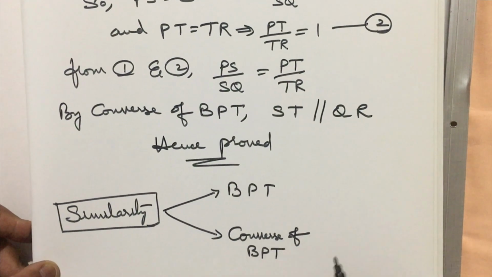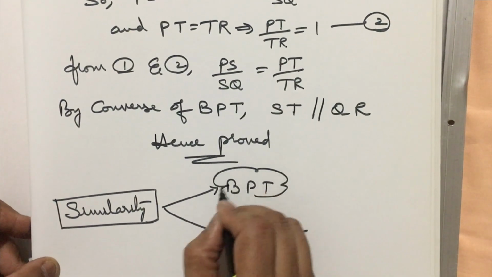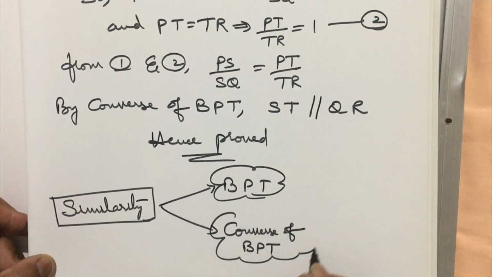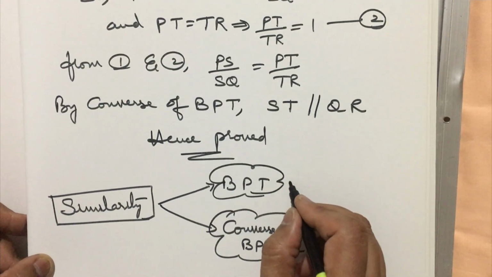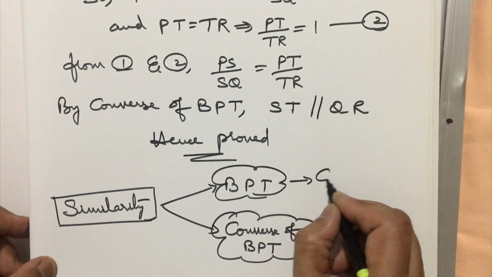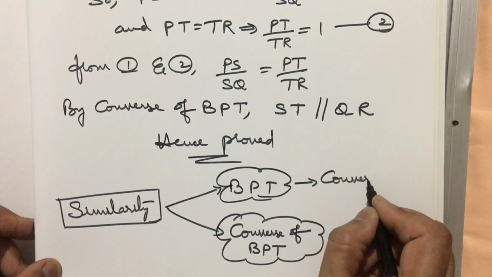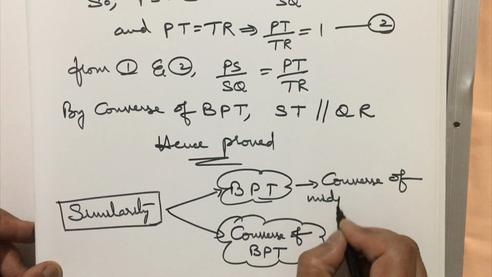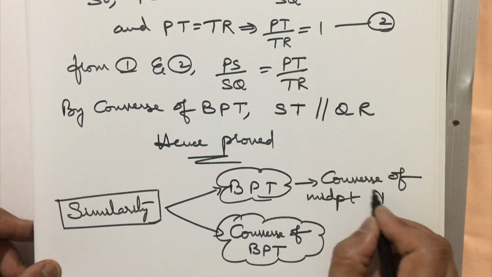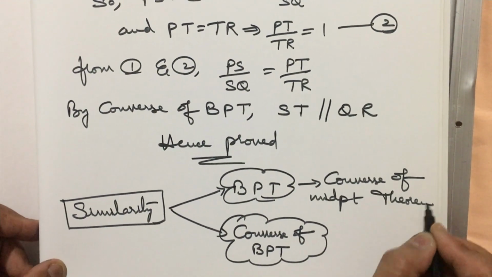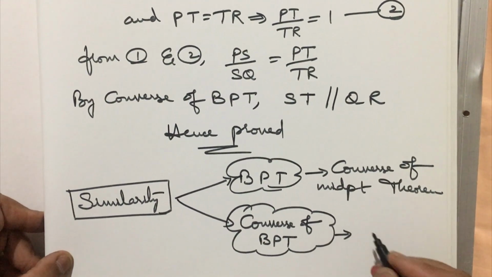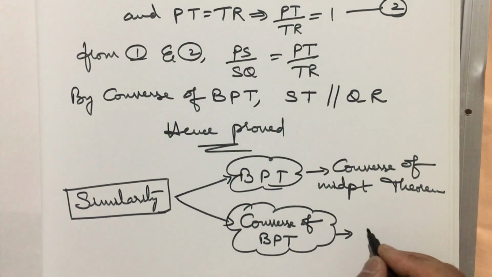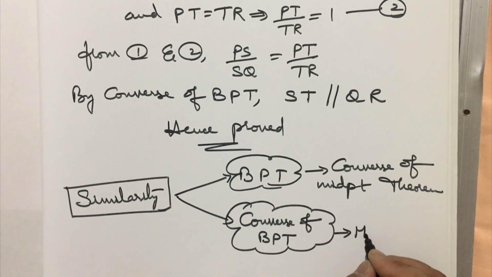BPT theorem is also known as Thales theorem, right? And by using this BPT theorem, we have learned how to prove the converse of the midpoint theorem. And using this, we gave the proof of the midpoint theorem.